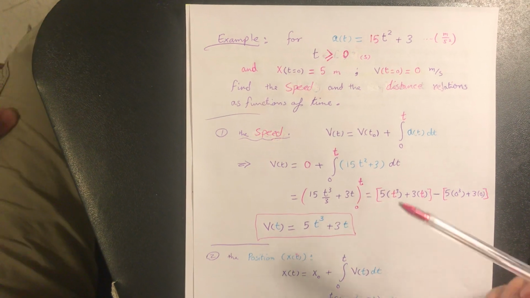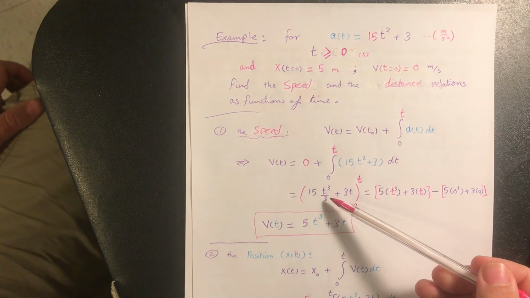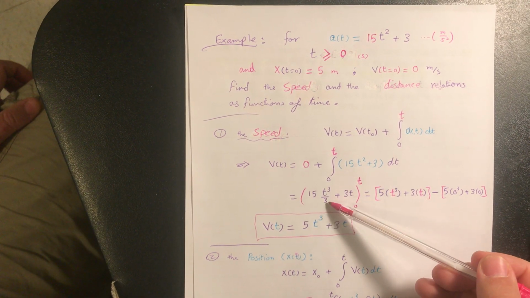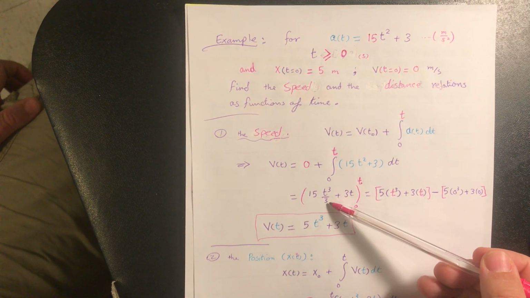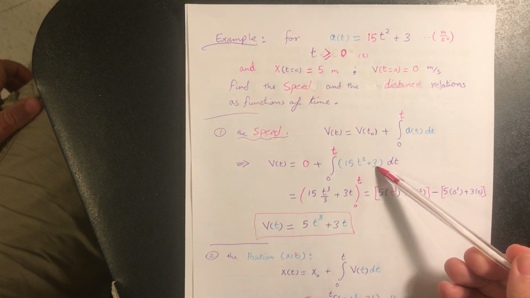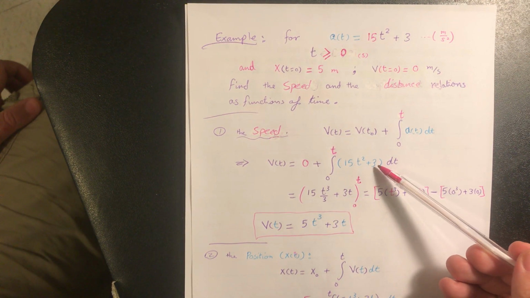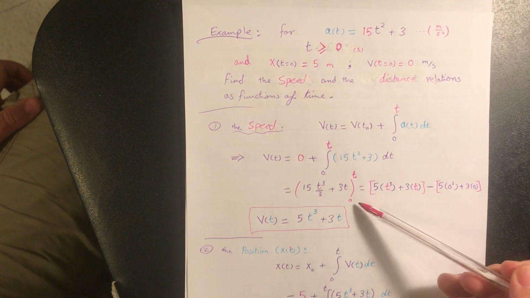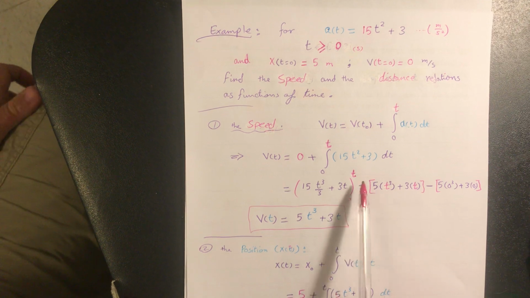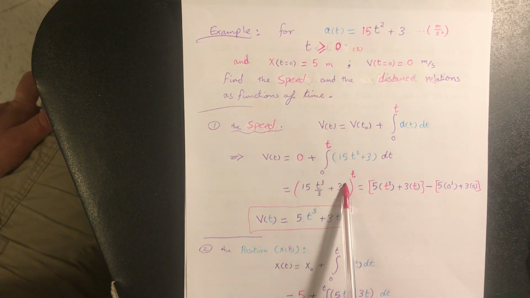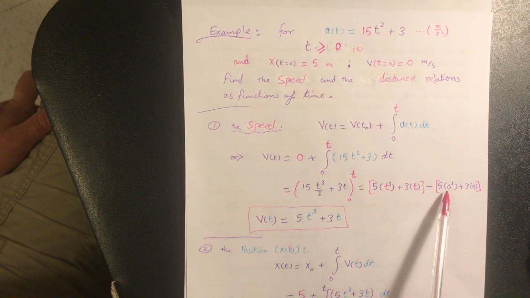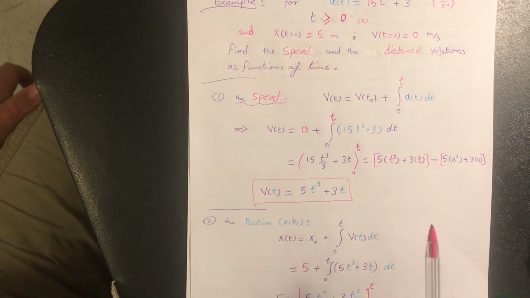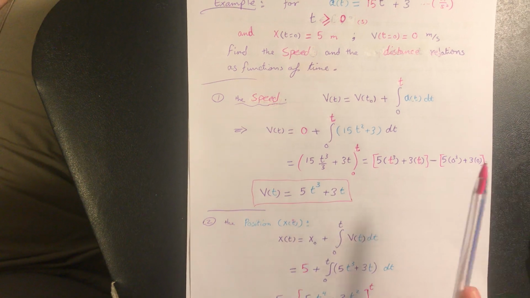The integration will be 15 multiplied by t cubed. We raise the power and divide by the new power, which is 3, plus 3t, because t here is t to 0, then it will be t to 1 over 1. From 0 to t, we put t, then minus the value at 0.